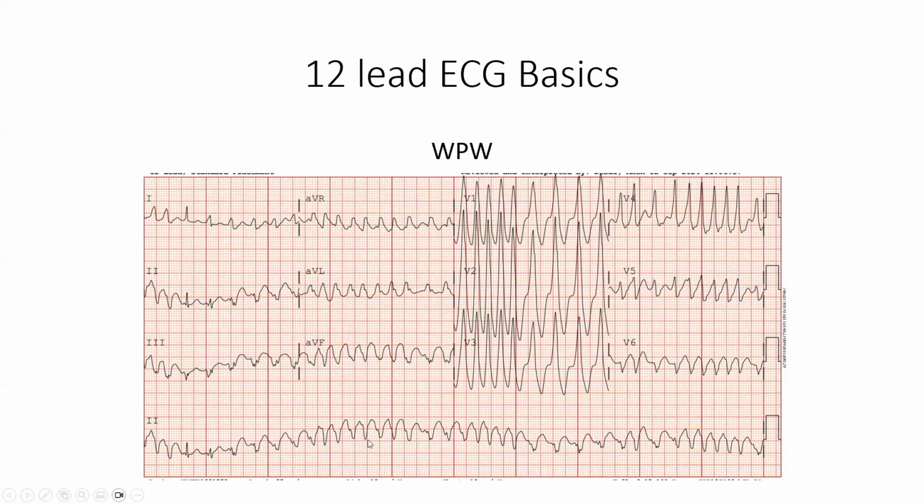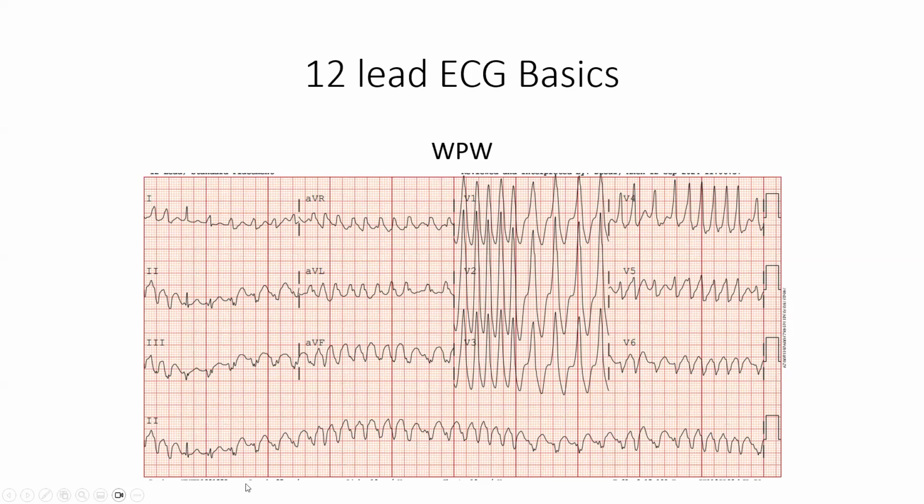But on first glance, this looks like it could be VT or VF because it's conducted very rapidly. But in V2 and V3, and even in V1, you do see the delta wave.